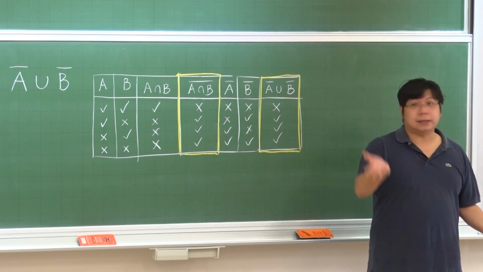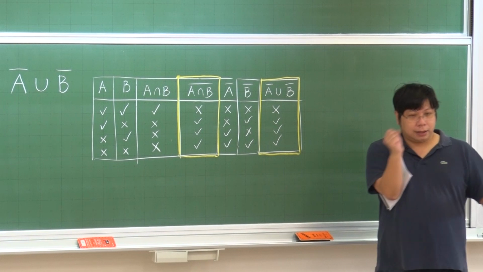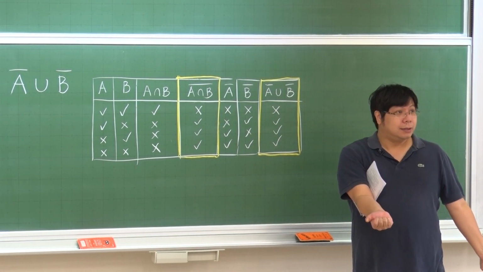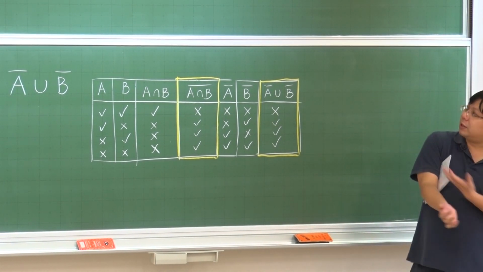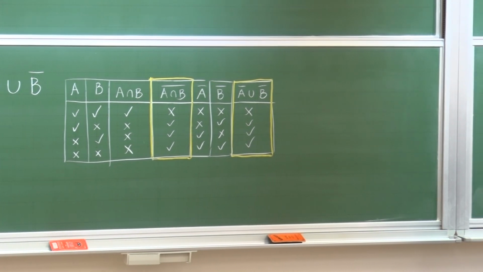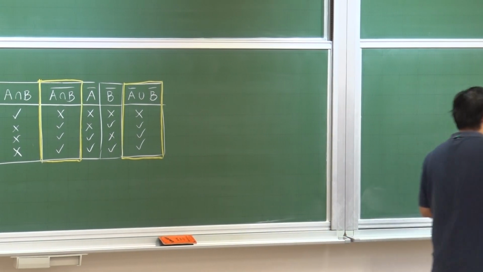It means that these 2 sets have to be the same. An item is here, then it is there. An item is not here, then it is not there. So they are equivalent. Is that okay? So this is exactly the same idea as using a truth table. Okay, good.